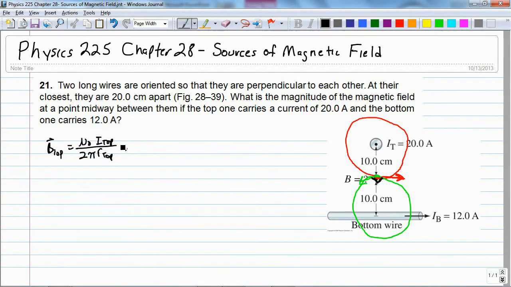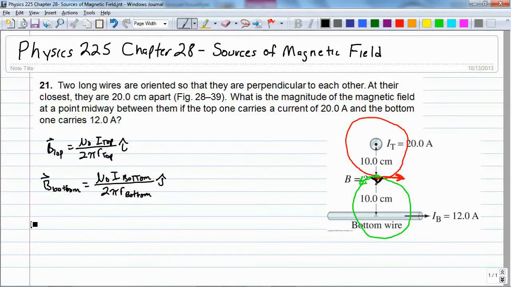And that's going to be in the I direction. And our magnetic field for the bottom is going to be mu naught I bottom over 2 pi R bottom. And that's going to be in the J direction.